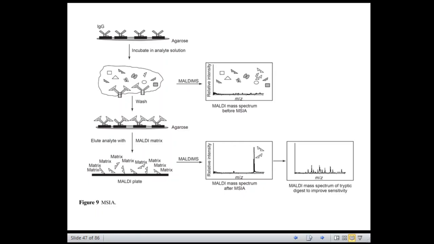So in ELISA, you cannot differentiate based on m by z, but in MSIA, any non-specifically bound molecule can be unambiguously differentiated from the analyte of interest owing to the unique m by z values measured.